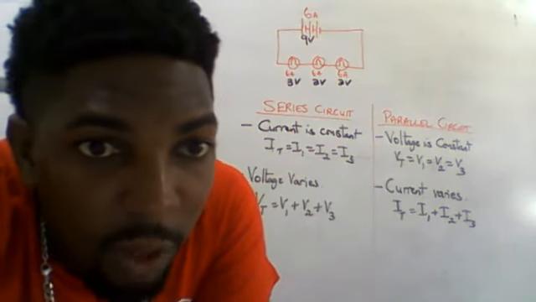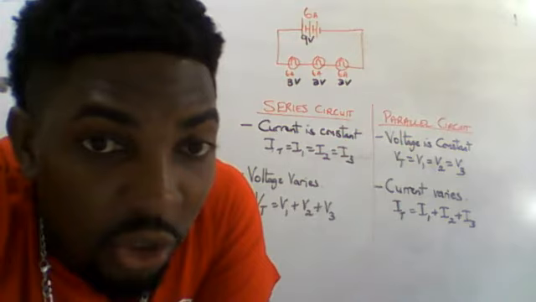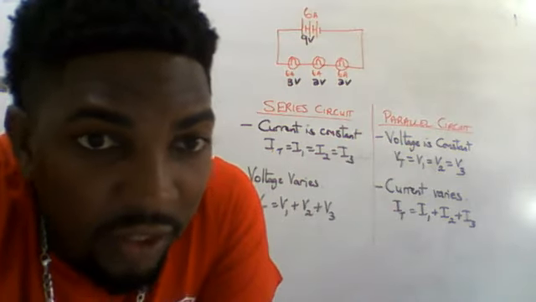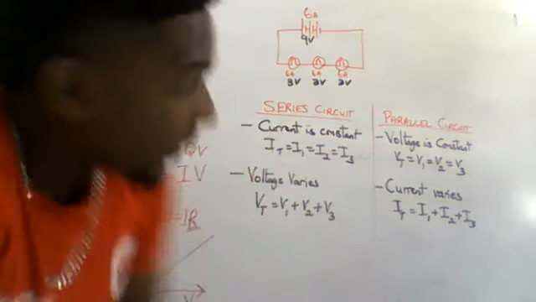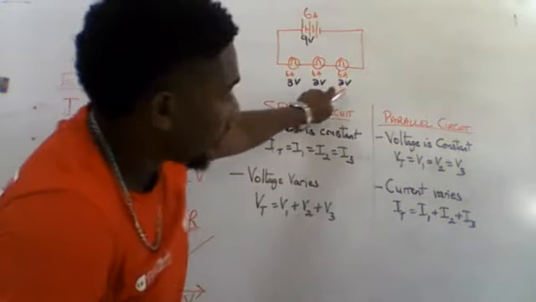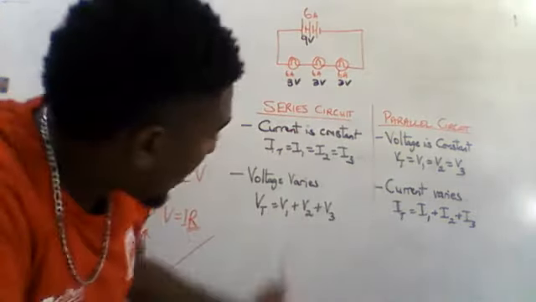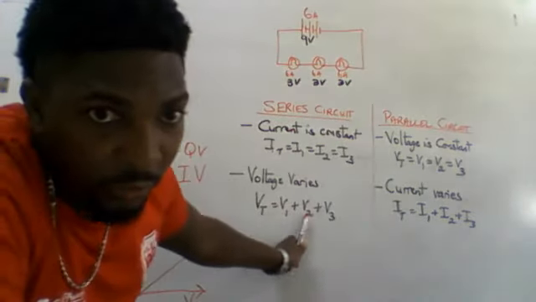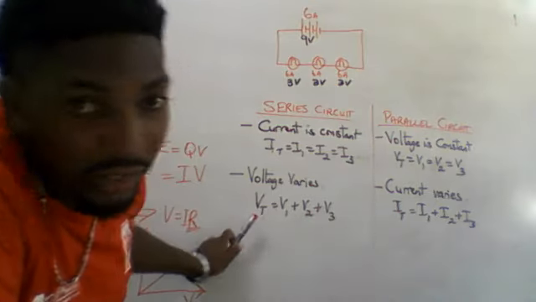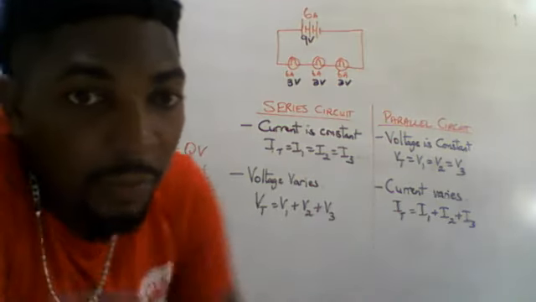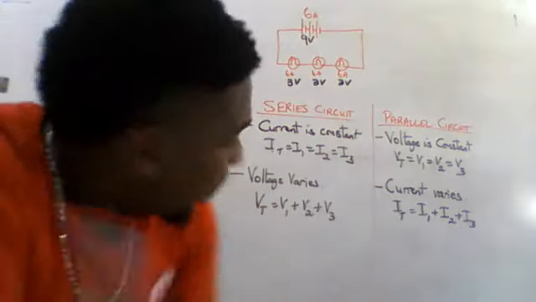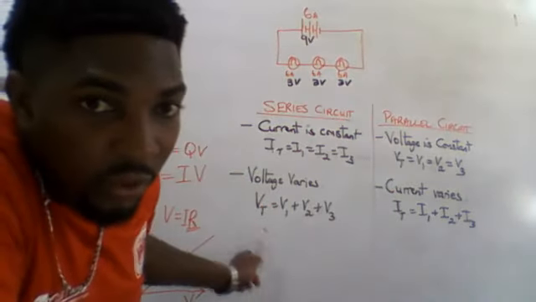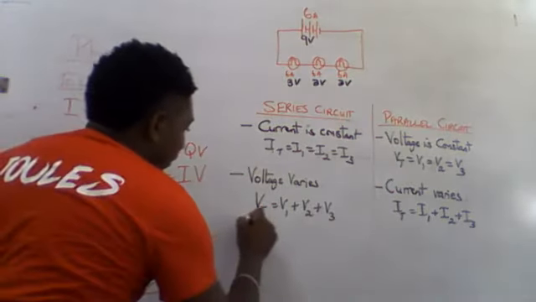In this case, it's 3 bulbs. And each of the bulbs is going to utilize 3 volts as the current passes it. So 3 volts, 3 volts, 3 volts. Now when we add them all together, V1 plus V2 plus V3, it should be equal back to the total voltage supplied there. So in essence, when we say total voltage, we're referring to EMF.